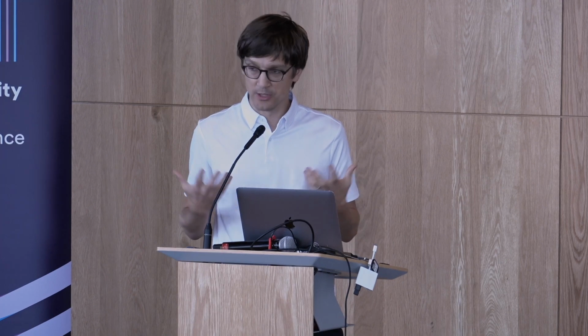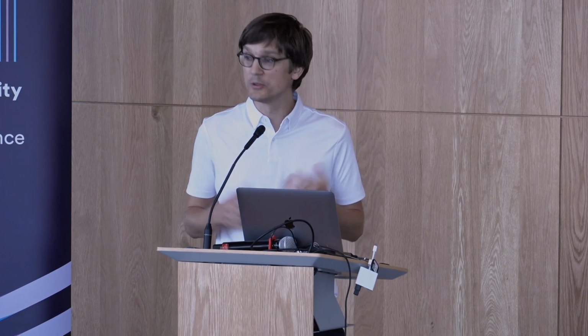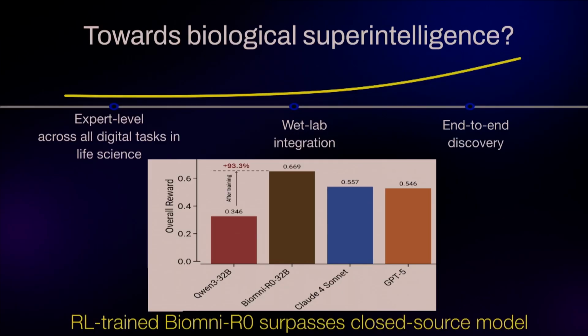We are also interested in the question, where is this going? Can we teach these large language models to be good at science? What I'm showing you here is that we can use reinforcement learning-based fine-tuning to build much smaller models, like a 32 billion parameter model that is actually far better than what Claude or GPT-5 are able to do.